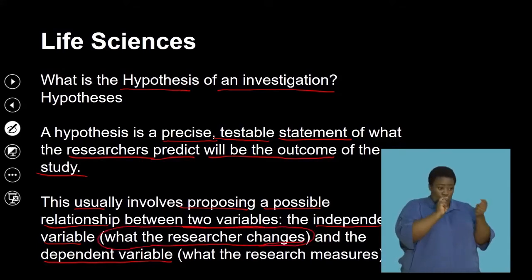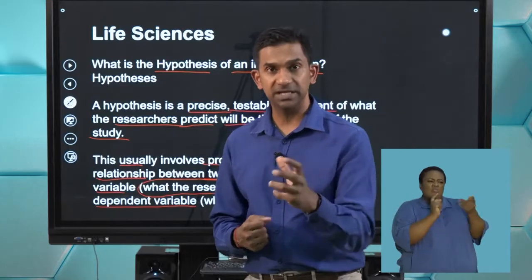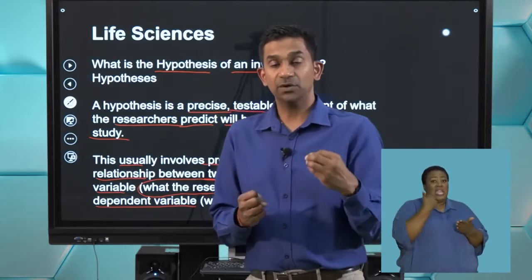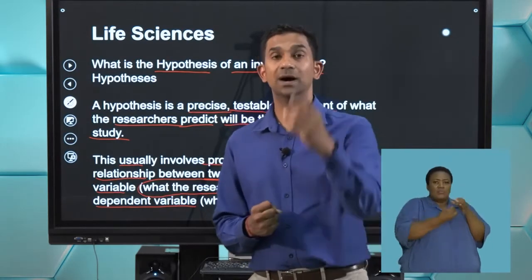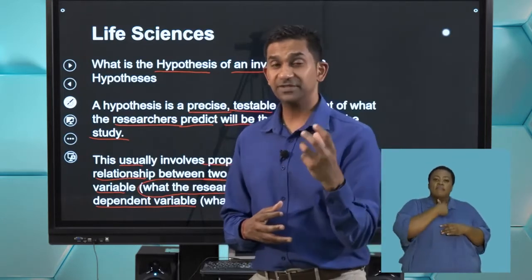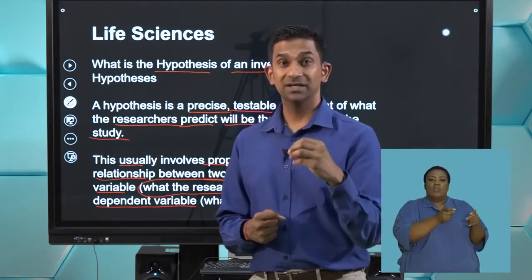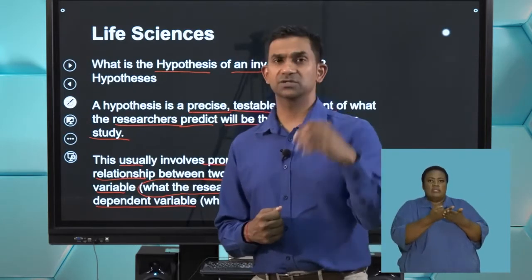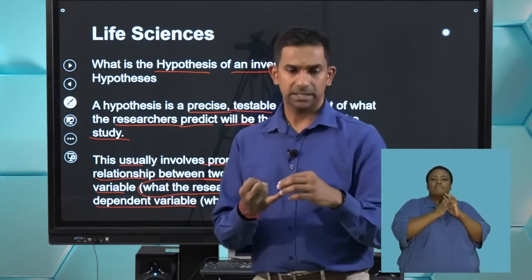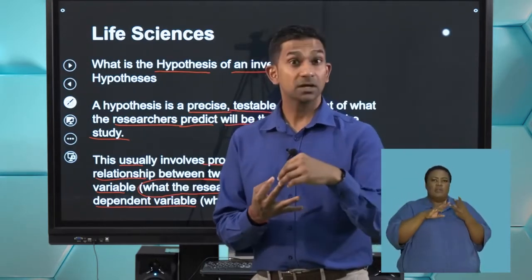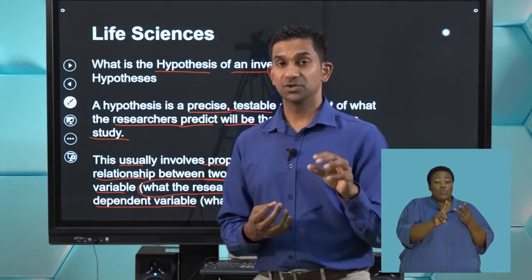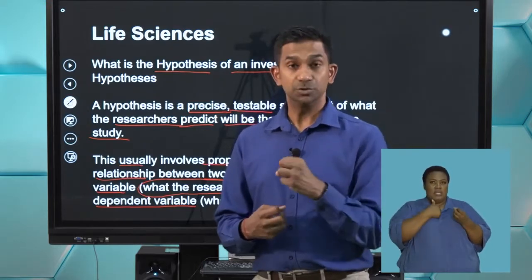So this is what you have control over, and it's that variable that you're able to manipulate and change. So if I wanted to test why plants grow upwards, I have the ability to control the factors that cause plants to grow upwards. Things like light, water, carbon dioxide. So those factors would be things that I have to manipulate.